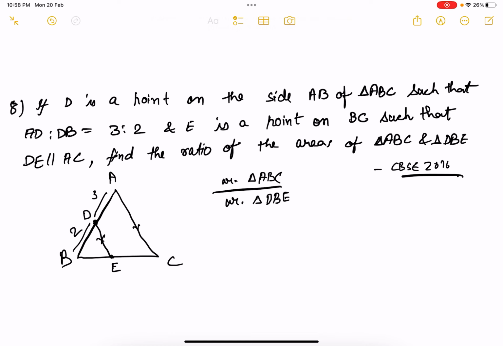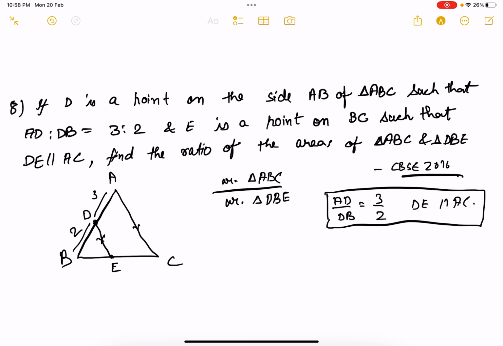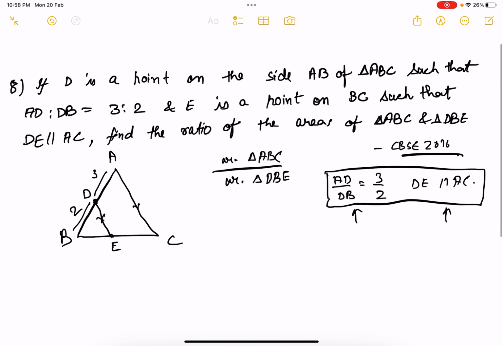First thing is AD upon DB is equal to 3 by 2 and DE is parallel to AC. So we will always make sure that we use these two given facts. So let's continue.